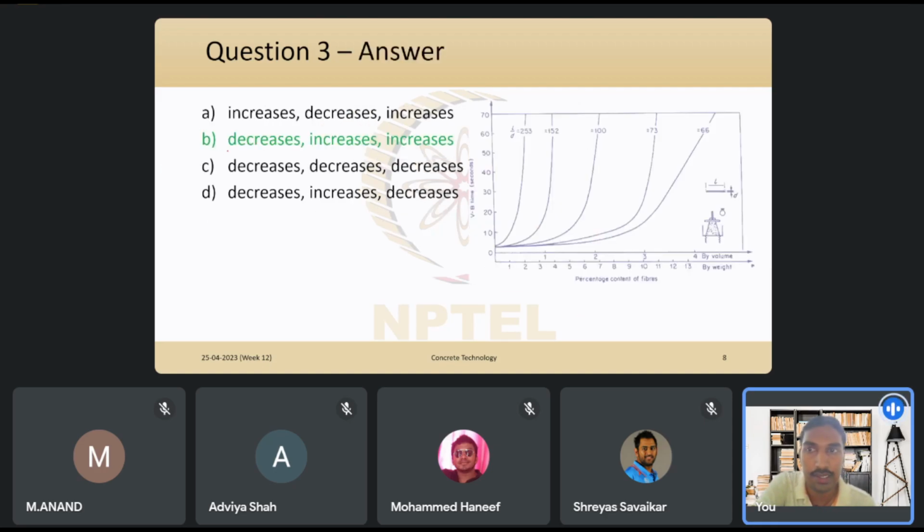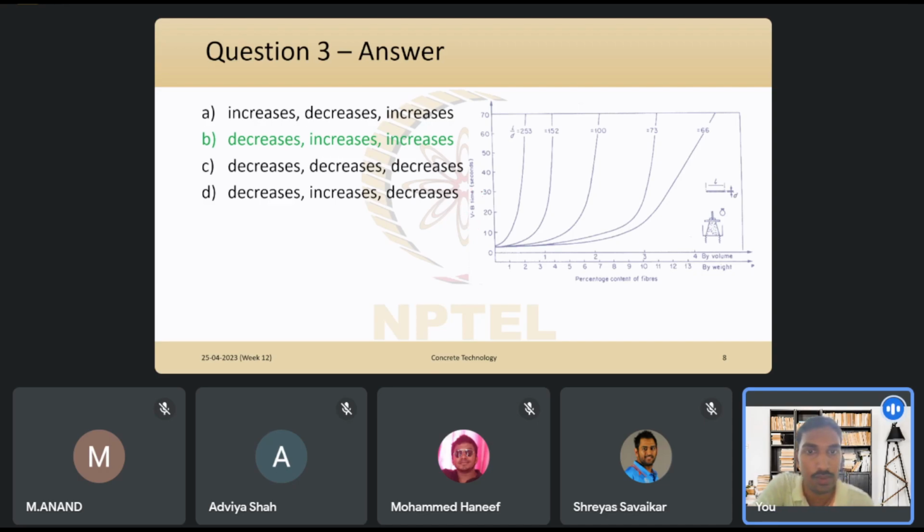So the workability will decrease when your fiber content increases and also the aspect ratio increases. We had this chart in the lecture, which was explaining this concept. On the y-axis we have the VB time. The VB time is a measure of the workability, one of the measures that tells us how workable the concrete is.